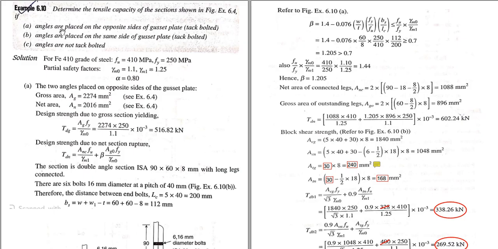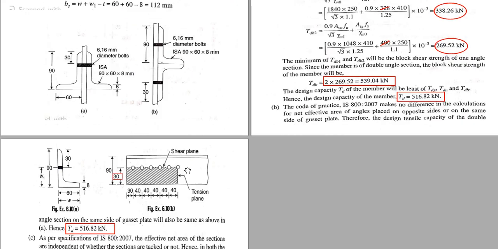Here in this question you should know what tag bolted is. Tag bolting is when we provide extra bolts to maintain the pitch. Here in this figure there are 6 bolts.